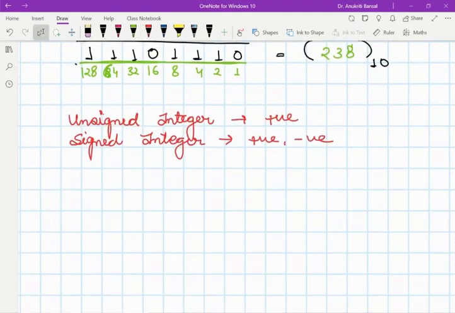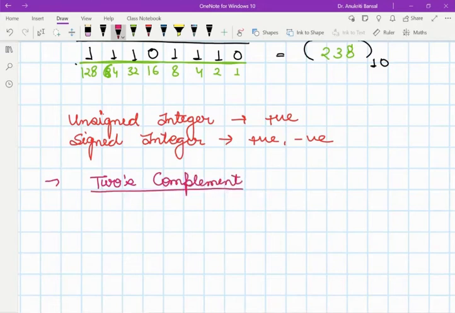Now, how to represent these signed integers? For that, we have 2's complement. Now, what do we mean by 2's complement?